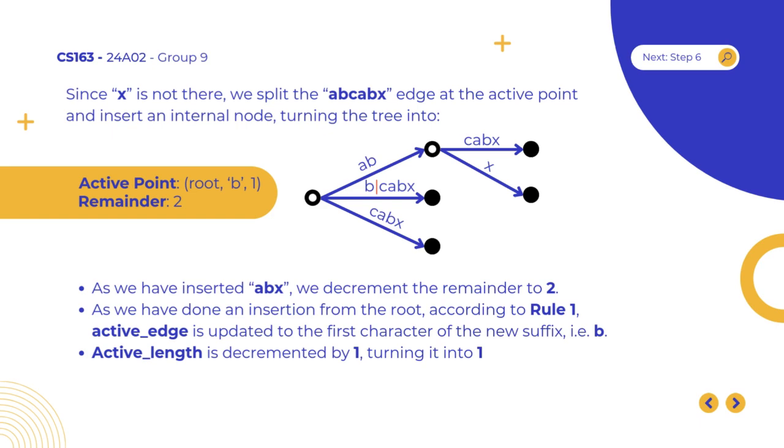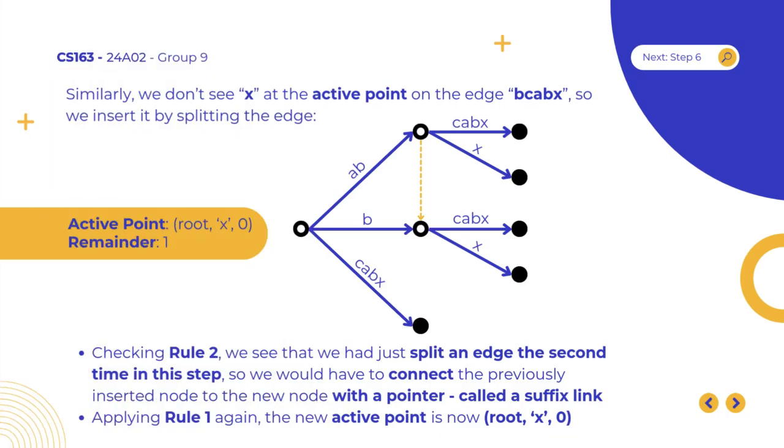The story continues, and we add another X at the active point because the remainder is still 2. We still need to do more work, right? Adding the X split the edge for a second time.